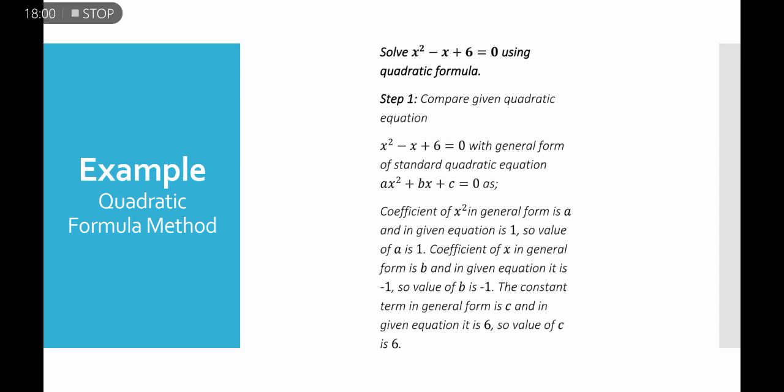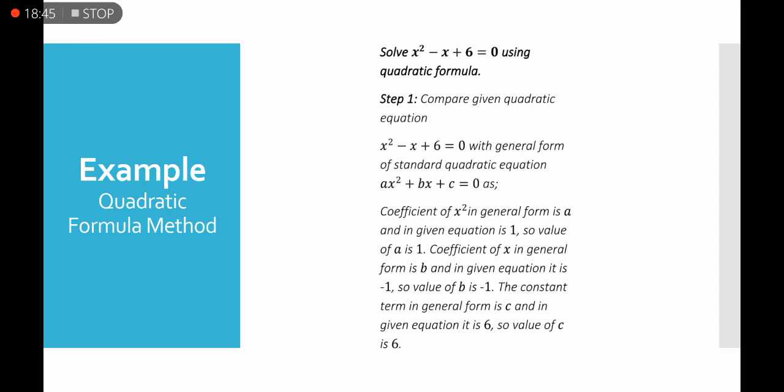Example: quadratic formula method. Solve x² − x + 6 = 0 using the quadratic formula. Step 1. Compare the given equation x² − x + 6 = 0 with the general form ax² + bx + c = 0. The coefficient of x² in the general form is a and in the given equation is 1, so the value of a is 1.